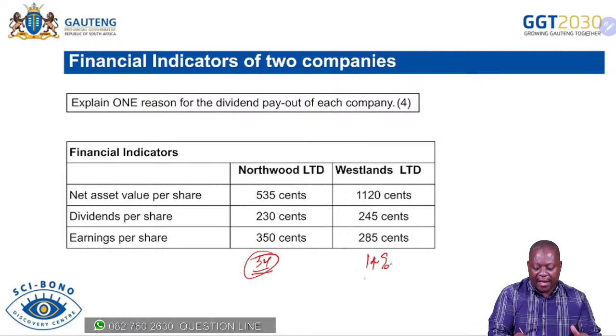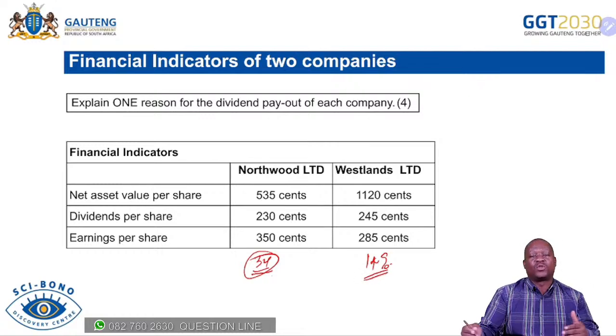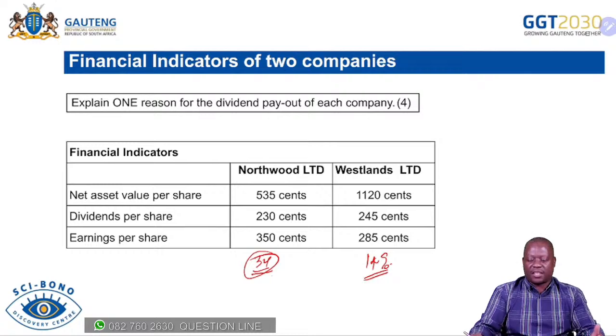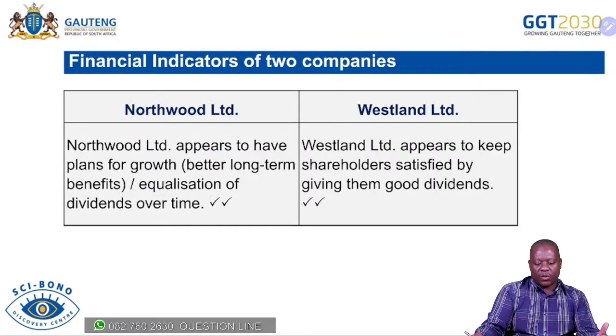And why are these ones giving more in dividends? Maybe they have expanded enough and this is the time to make their shareholders happy. So out of all the money that they are getting as profit, they pass it on to their shareholders as dividends. Now, these are expected responses that we can have.